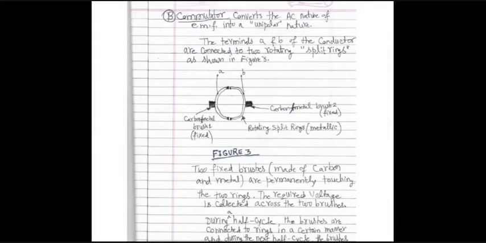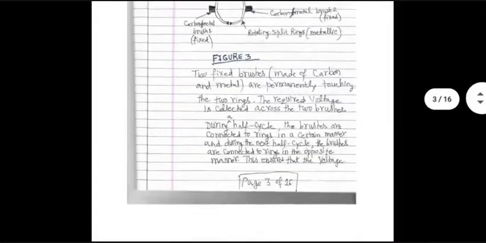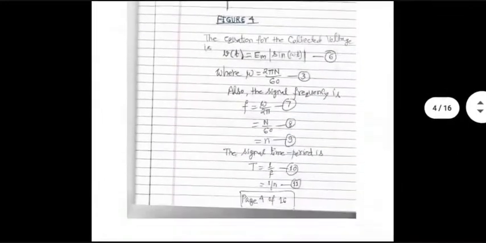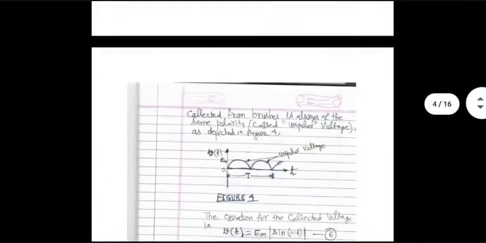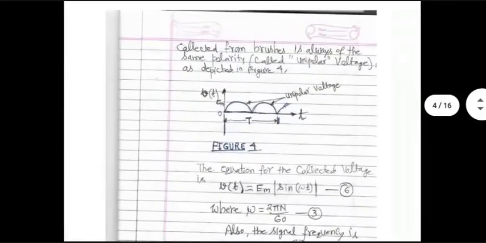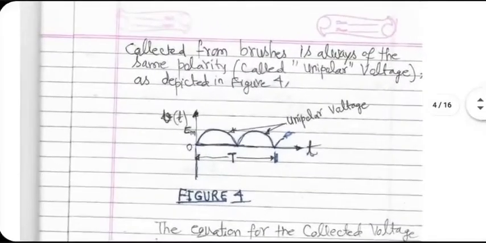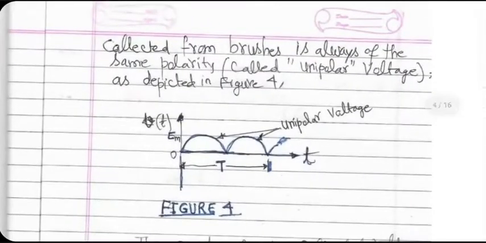In practice, things are not that simple because, despite your best efforts, the two rings are not perfectly symmetrical and so on, but we'll ignore all that for now. In theory, you should get perfectly unipolar voltage from this construction. Other problem is that the amount of voltage generated will not be too large if you have only one loop.